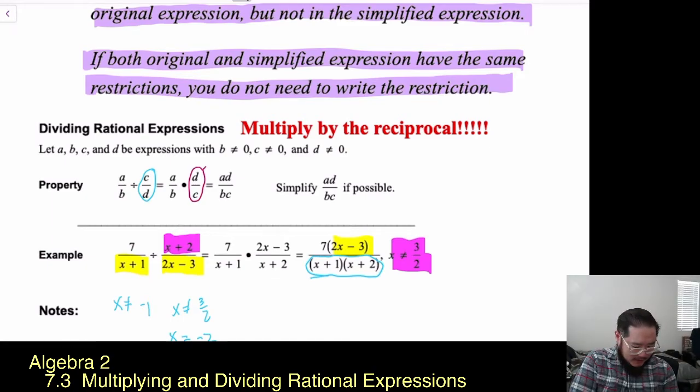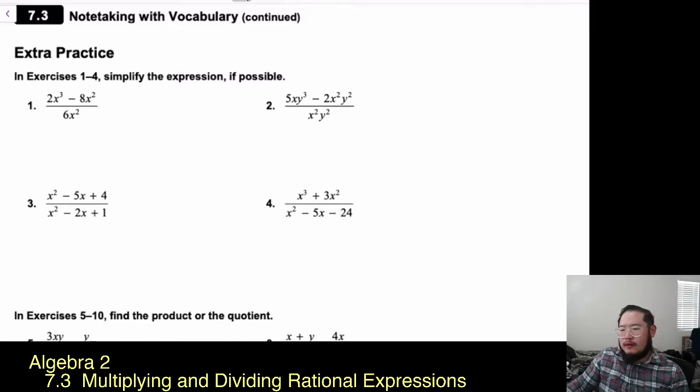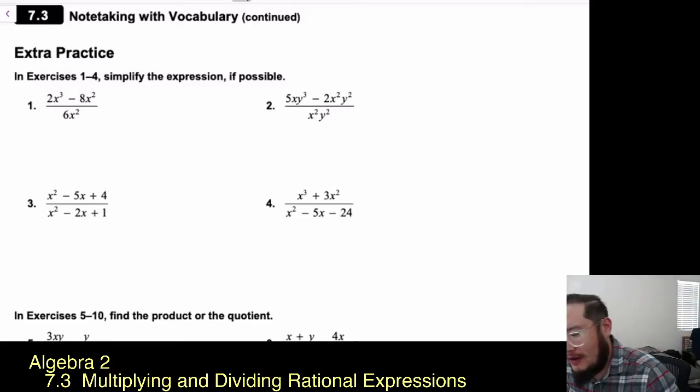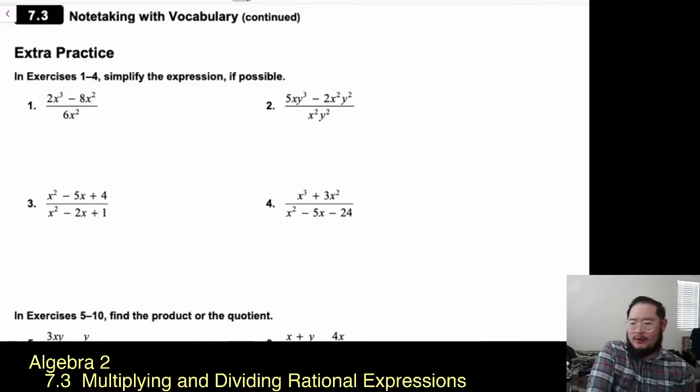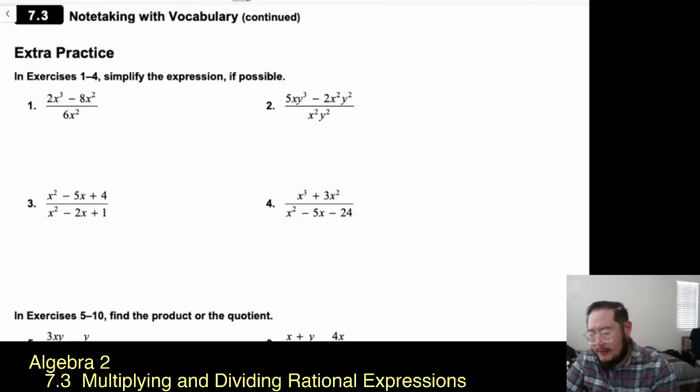All right, so let's go ahead. Let's take care of business right here. Let's take a look at number 1. We've got 2x to the third power minus 8x squared, divided by 6x squared. Simplify the expression if possible.